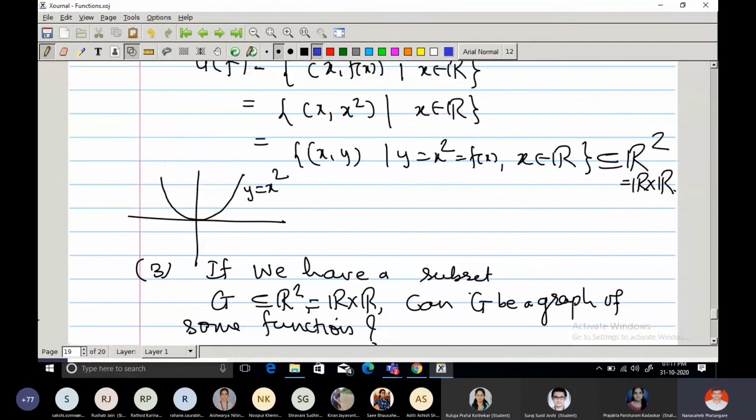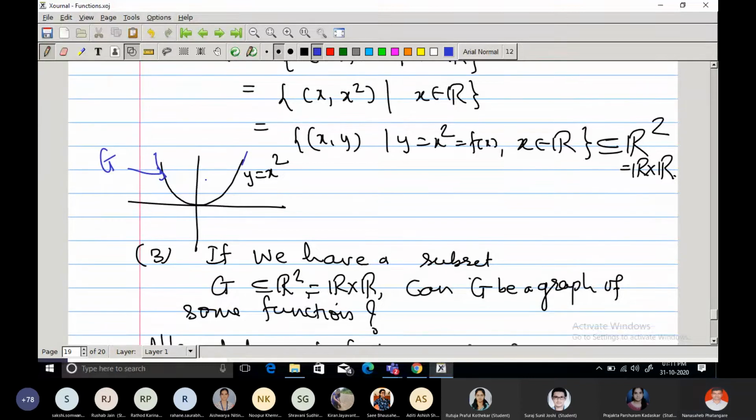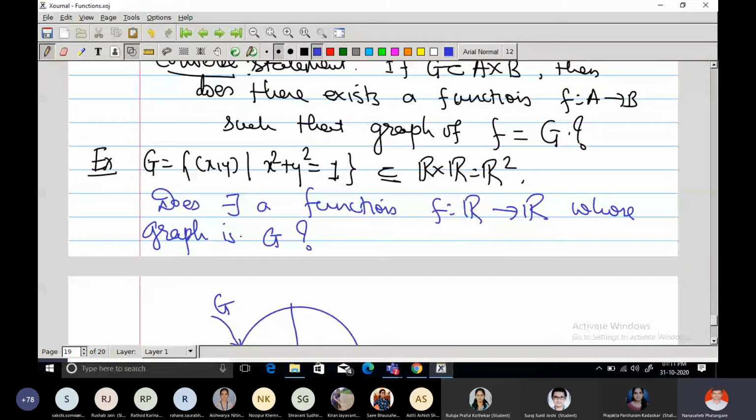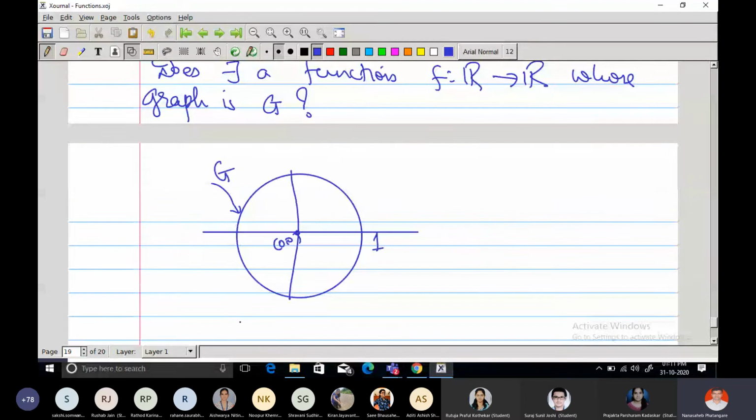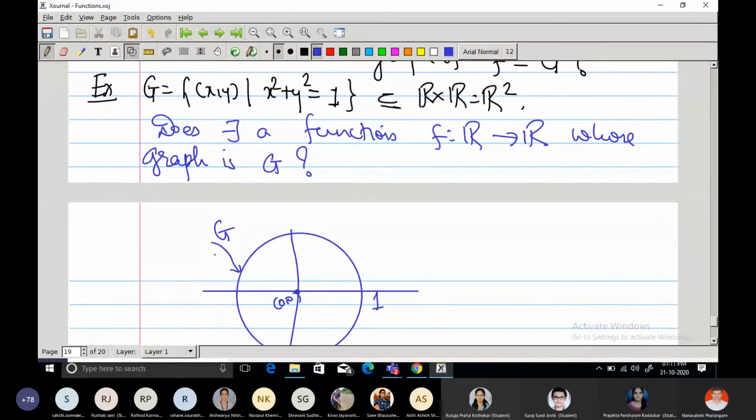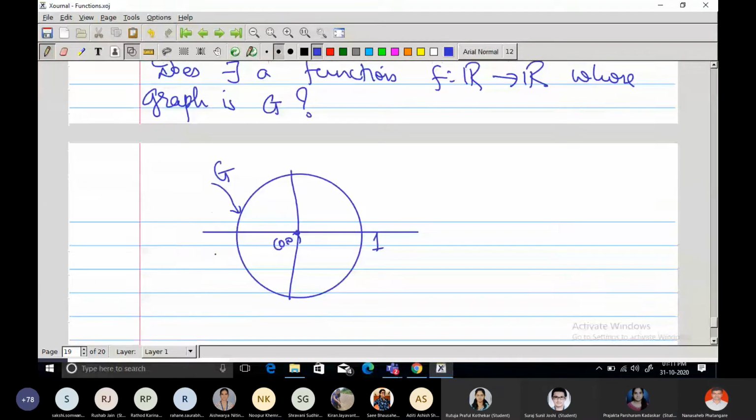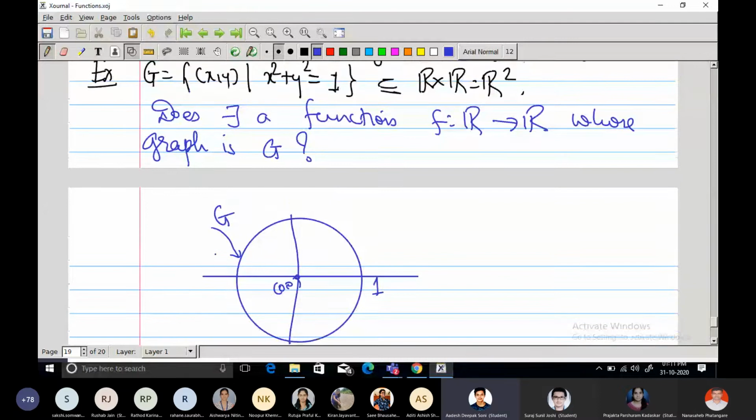In the previous example, this was my subset G, and it was a graph of some function, right? y is equal to x squared. But in this case, is it a graph of some function? No, sir.